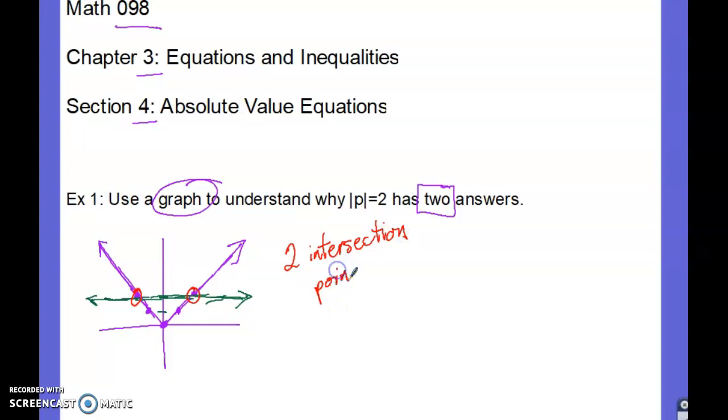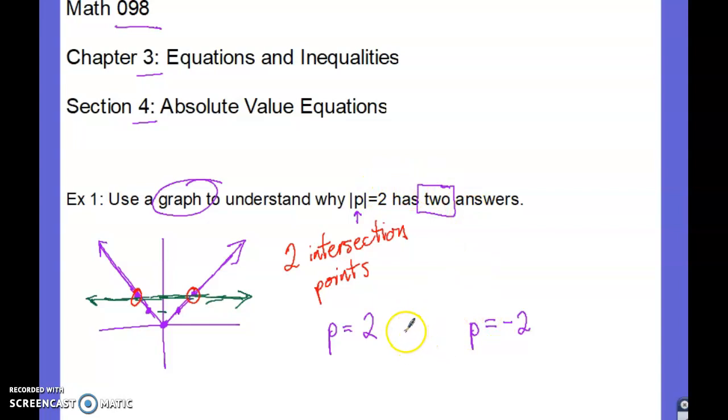Now, the way I like to explain it, and it doesn't work for everybody, but it works for me, is what's inside the absolute value could be a positive number. So it could be a positive 2, and the absolute value of positive 2 keeps it 2. Or what's inside could equal negative 2, because if P is negative 2, what's the absolute value do to negative 2? Makes it positive 2.